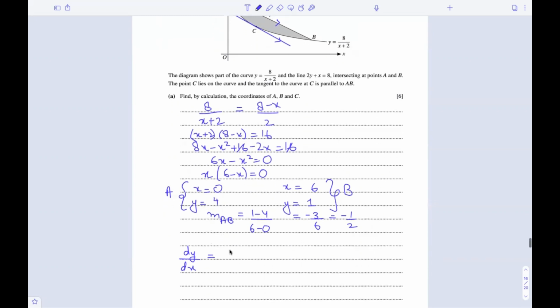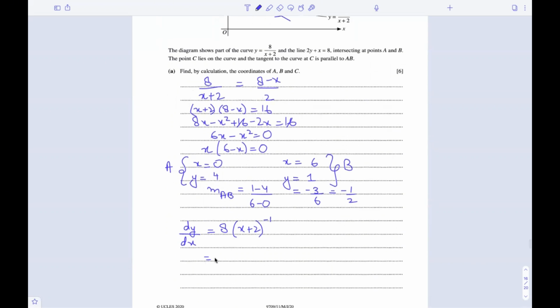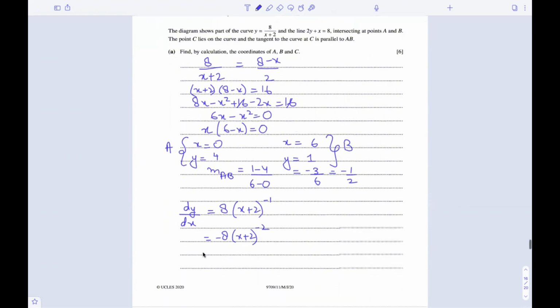The equation of the curve is 8 into x plus 2 to the power minus 1. Differentiating this, we get minus 8 into x plus 2 to the power minus 2, or minus 8 upon x plus 2 whole squared. Equating this to the gradient of the line AB, we have minus 8 upon x plus 2 whole squared equals negative 1 upon 2.